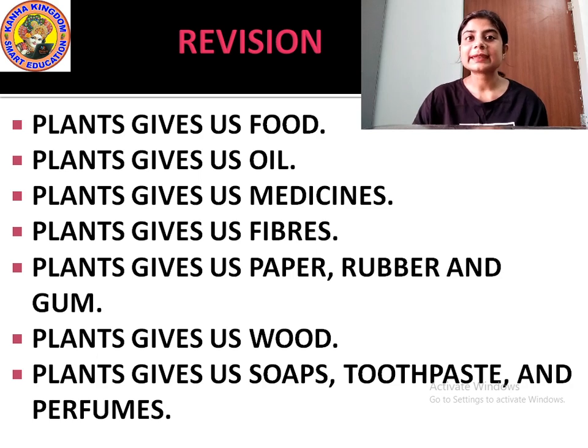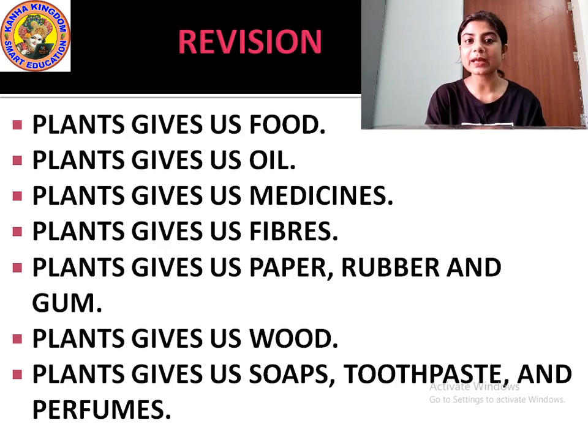Rubber is obtained from the juice of the rubber tree, used to make eraser, tires, rubber pipes, etc. Gum is obtained from the kikar tree and is used to make glue. Then plants also give us wood to make furniture, boats, houses, carts, etc. And plants also give us soap, toothpaste and perfumes.